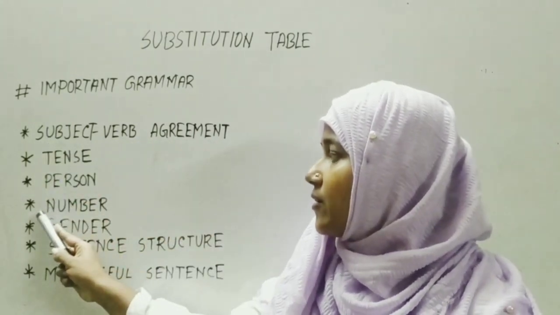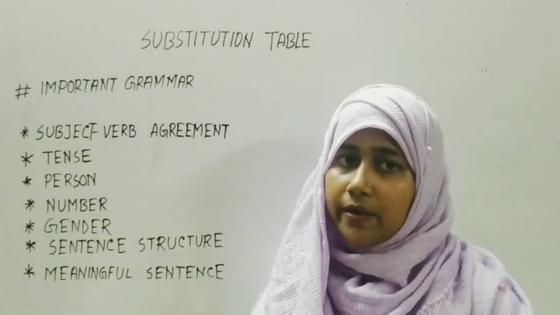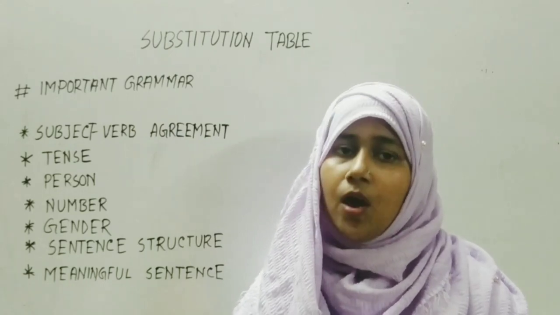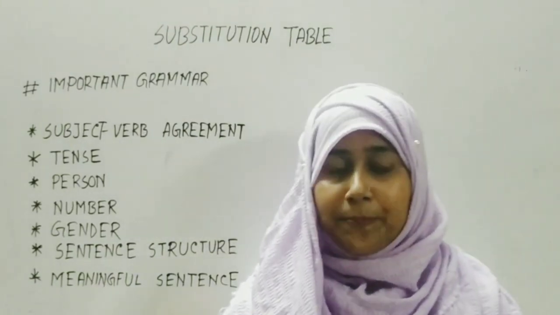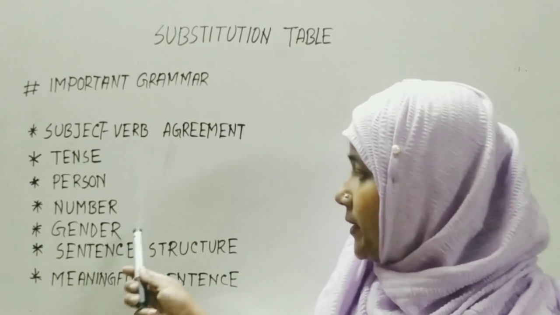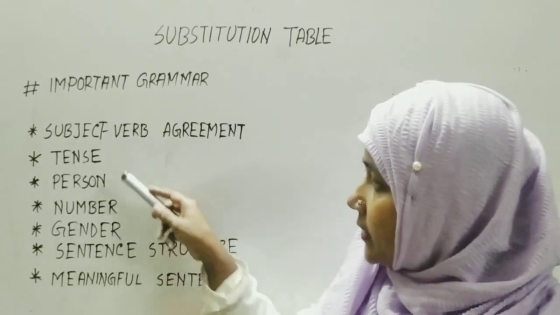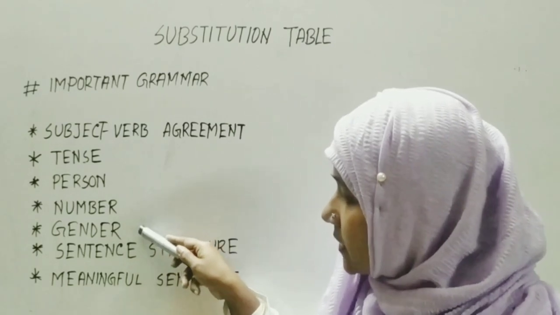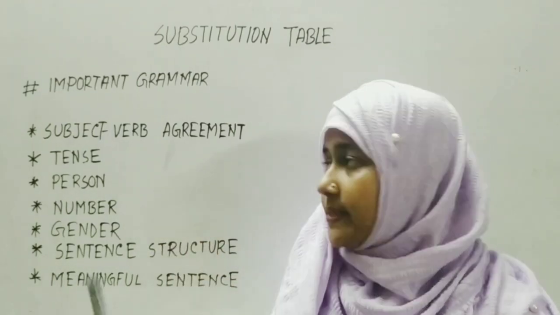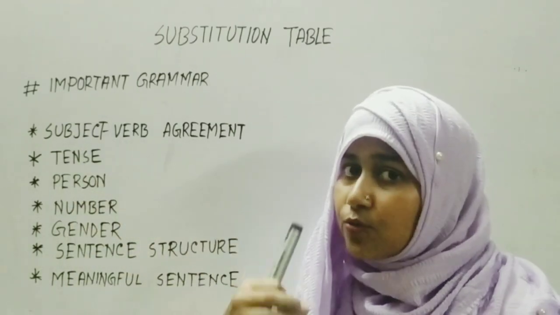You have to identify the number, whether it is third person singular or plural. You have to identify gender. After identifying tense, person, number and gender, you are able to apply all the rules of subject-verb agreement.